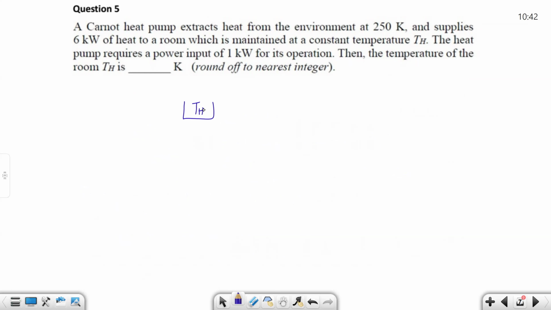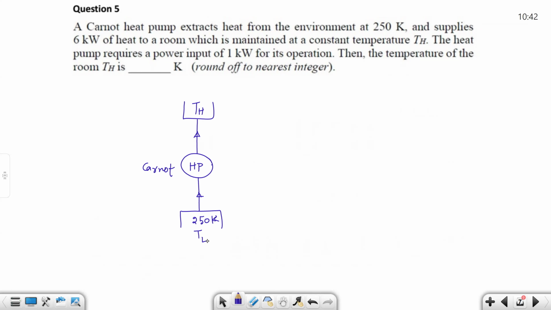Because it is a Carnot heat pump, it takes heat from the atmosphere. The atmosphere is at low temperature, 250 Kelvin. So this is the cold temperature, TL.